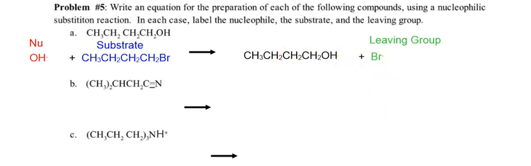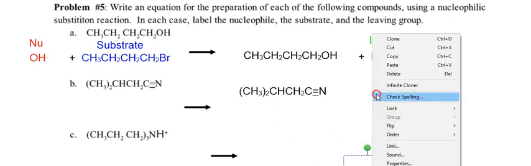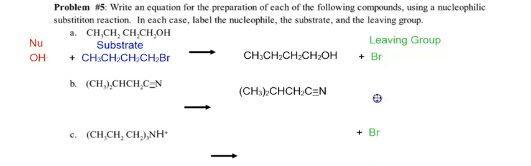So what about the next one? Well, this is my desired product. And I'm going to have a leaving group. By the way, I'm going to color code everything so I don't have to write leaving group. So greens are going to forever be my leaving group. The blues are going to be my substrate. And my reds are going to be my nucleophile. So what is my nucleophile here? Well, this ending part looks kind of interesting here. It's my cyanide.